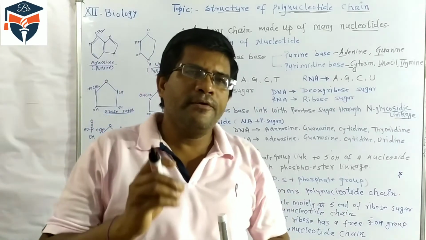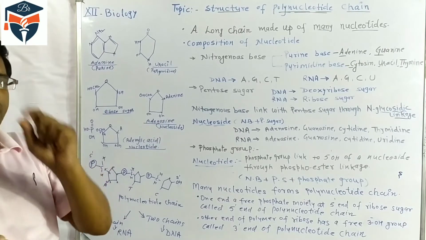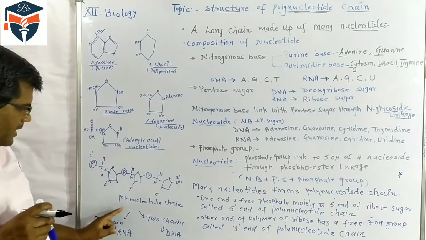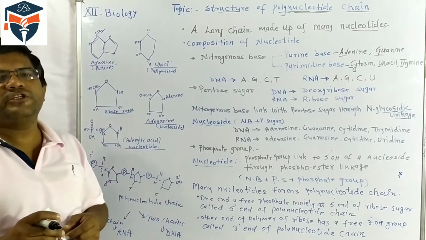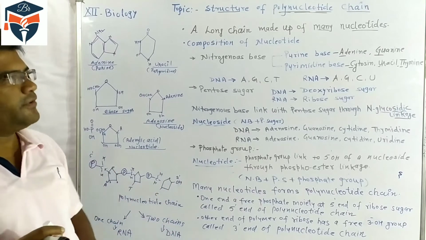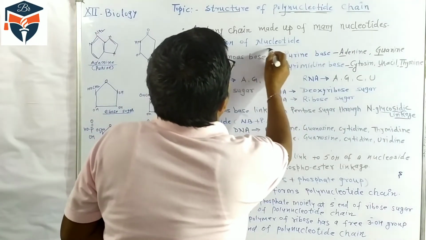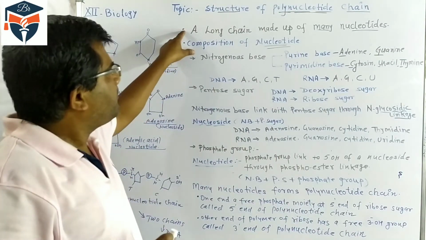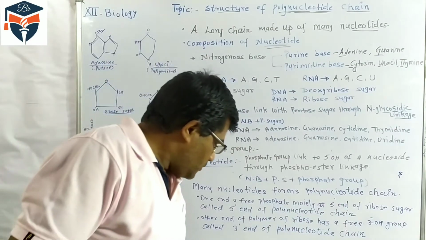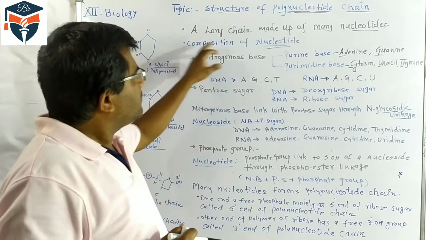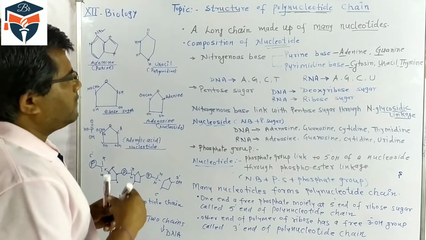One polynucleotide chain is present in RNA, whereas two polynucleotide chains occur in the molecule DNA. So first we should remember what is meant by a nucleotide, or what is the composition of a nucleotide, because the polynucleotide is made up of many nucleotides.